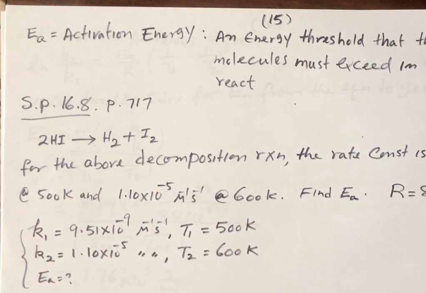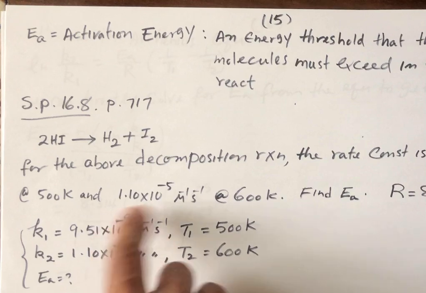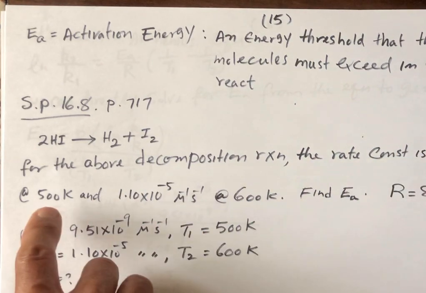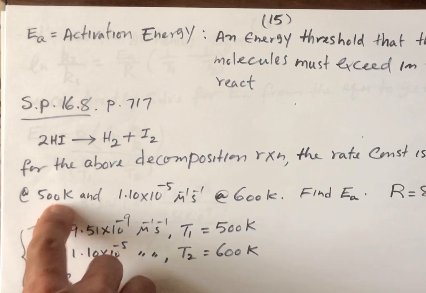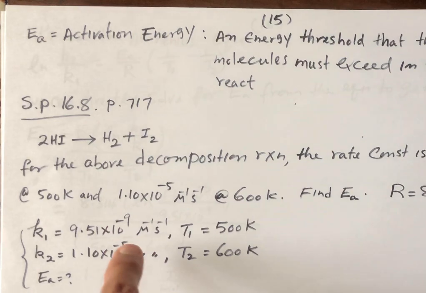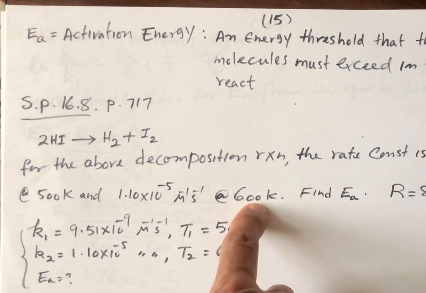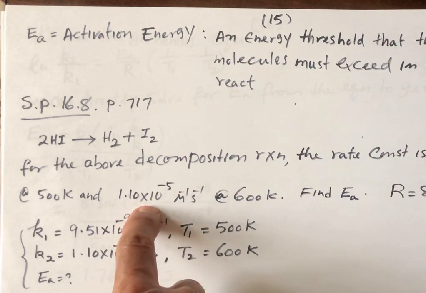You always see this statement that the rate constant is such and such at this temperature. Then we change the temperature and we get a different rate constant. So this is my initial rate constant corresponding to this initial temperature, K1, T1. Now I am going to change the temperature from 500 K to 600 K. That's my T2, and now I get a new rate constant, K2.